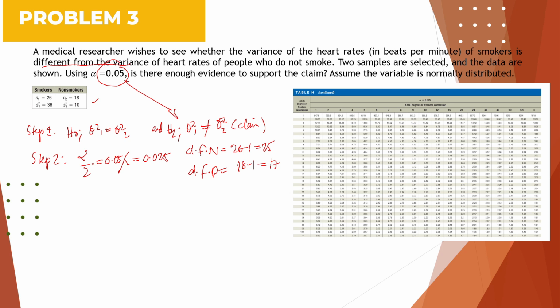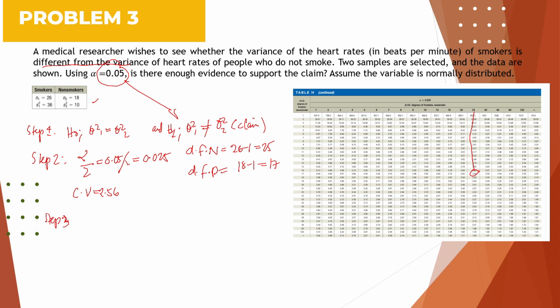So if we're going to locate this, 26 minus 1, 25, we cannot see 25 here, but the nearest value is 24 and 17. That is 2.56. So therefore, the critical value here is 2.56. Step number 3, we have to compute the test value.